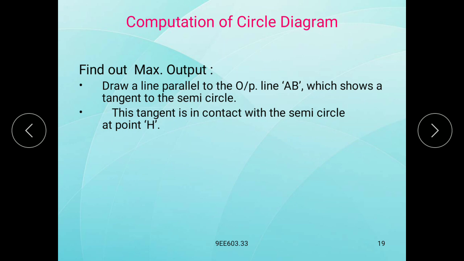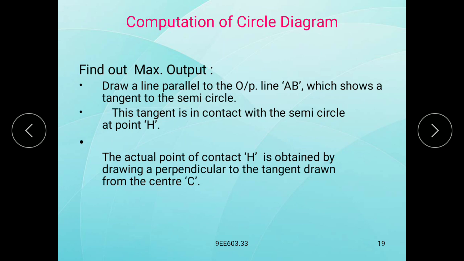So this tangent is in contact with the semicircle at point H. Now the actual point of contact H is obtained by drawing a perpendicular to the tangent from the center C. Therefore, H is the maximum output.